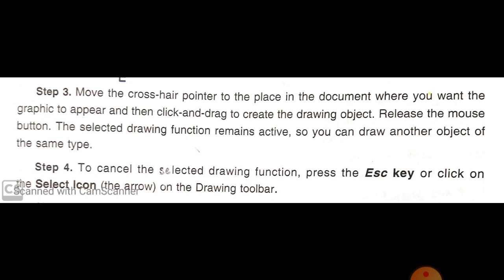The selected drawing function remains active, so you can draw another object of the same type. Step 4, to cancel the selected drawing function, press the escape key or click on the select icon on the drawing toolbar.